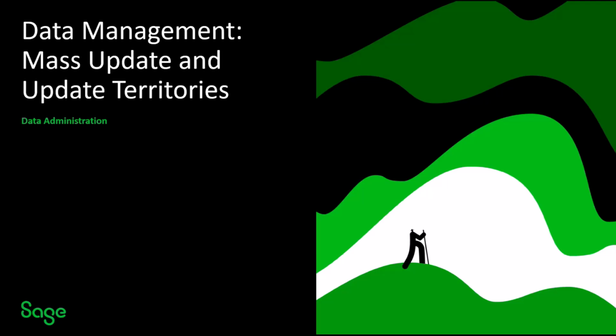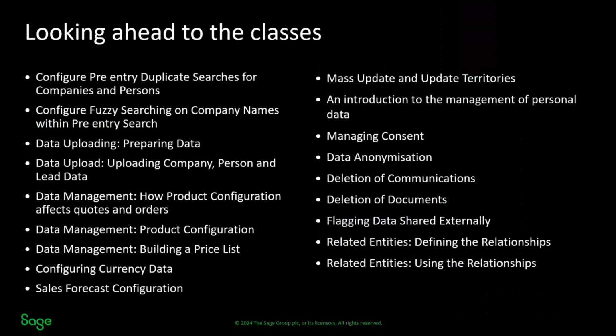As we press on, we're filling in a lot of information around the administration of Sage CRM when it comes to the management of data and how that's held within Sage CRM.